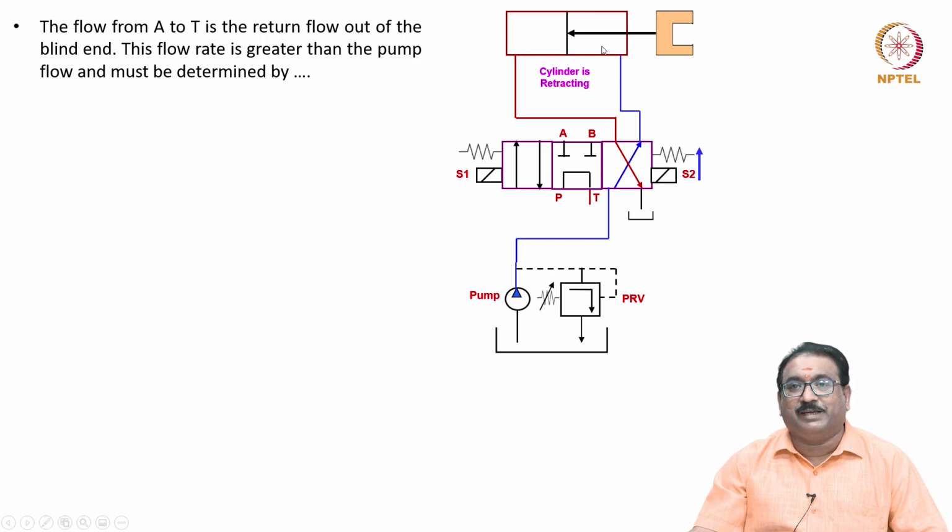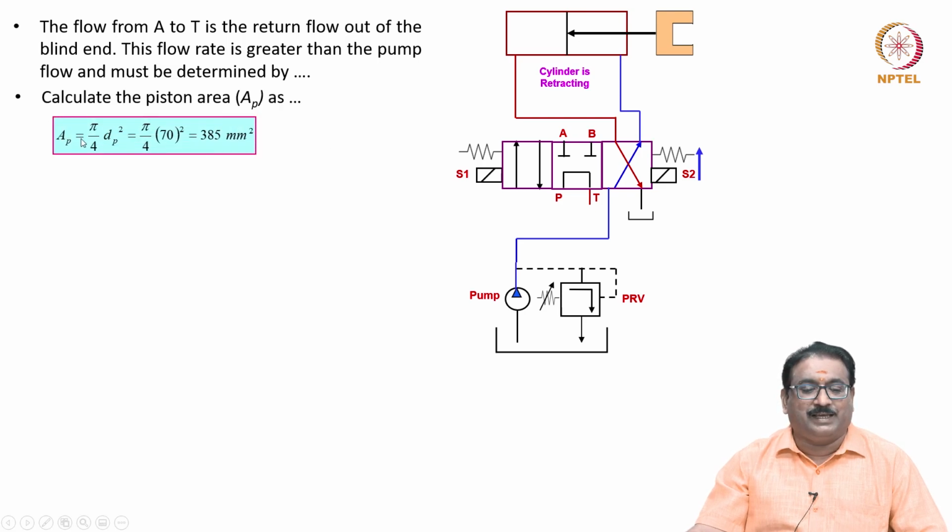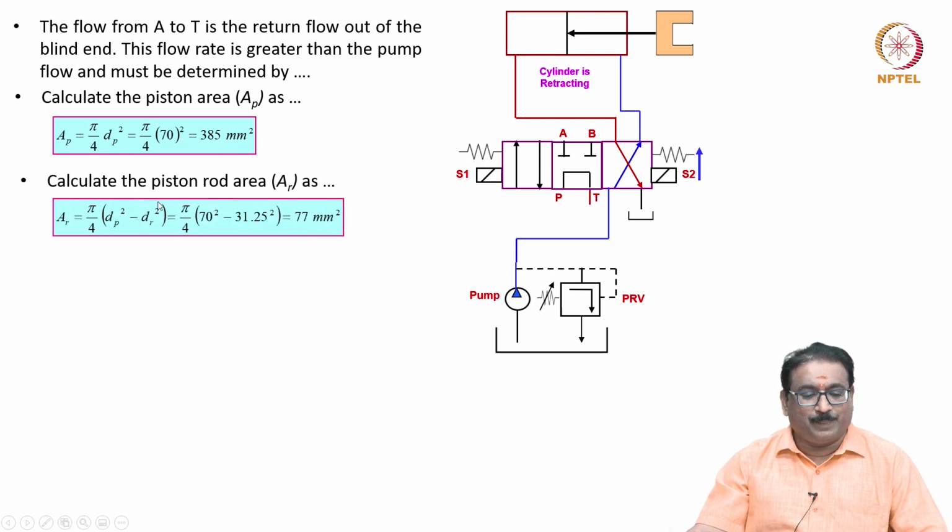Pump flow, what is coming here, because area is very less, must be determined by AP equal to pi by 4 dP square. You know the area of the piston. After substituting, I will get here. Then calculate the piston rod area also, dP square minus dr square, pi by 4. You will get 77 mm square, meaning I am finding out the piston area and the rod area.